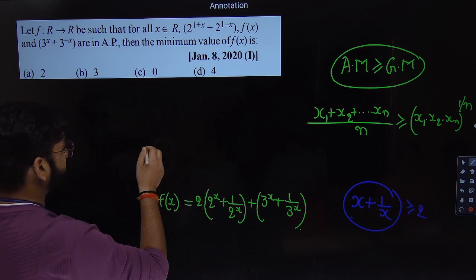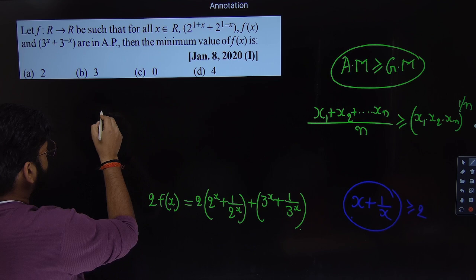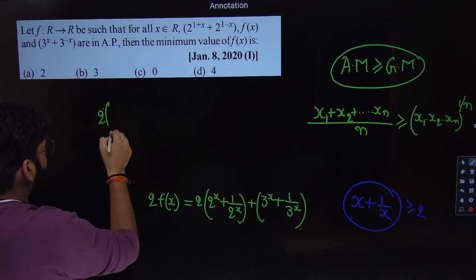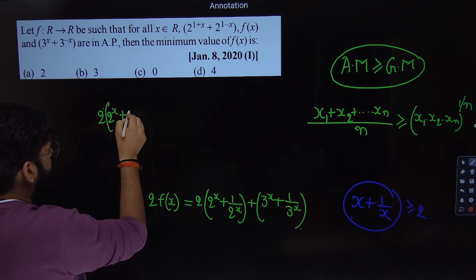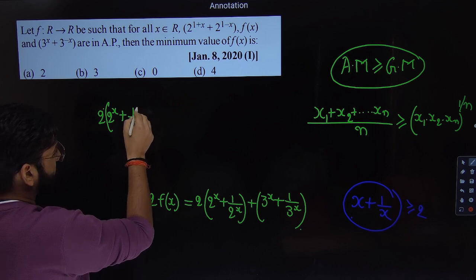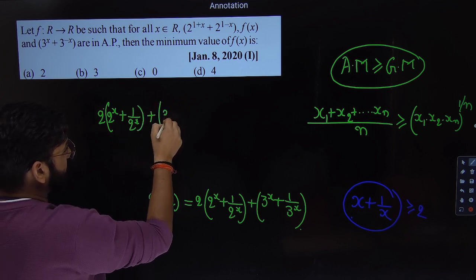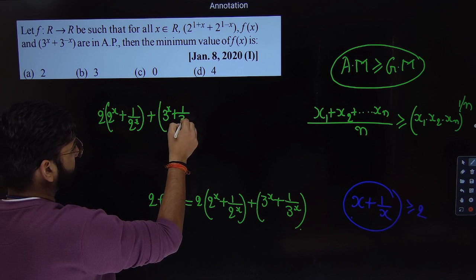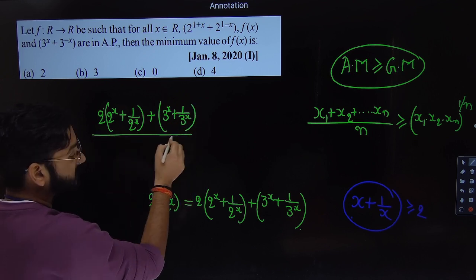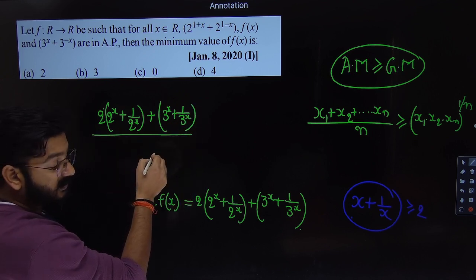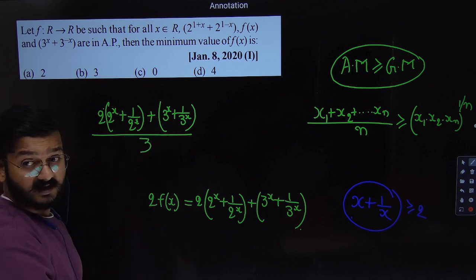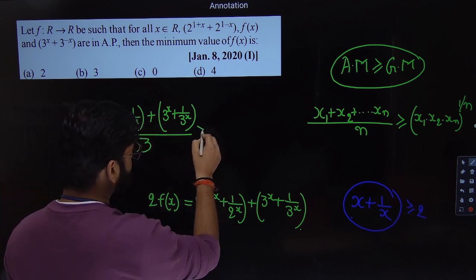So I'll apply AM greater than or equal to GM. So see here, (2 times of (2 to the power x plus 1 by 2 to the power x) plus (3 to the power x plus 1 by 3 to the power x)) divided by 3, as 3 terms are there, greater than or equal to.